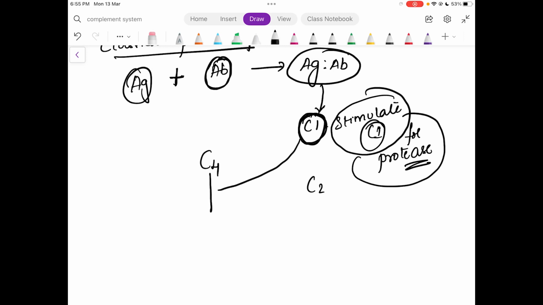By acting on C4, C4 is proteolyzed into C4A and C4B, and C1 will also act on C2, causing proteolysis of C2 into C2A and C2B.